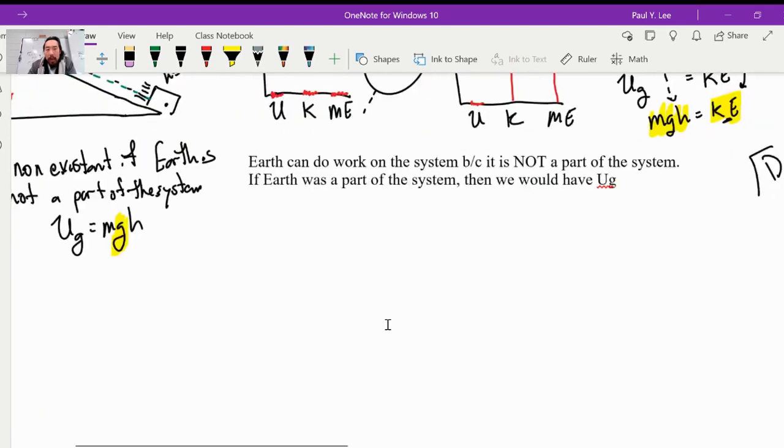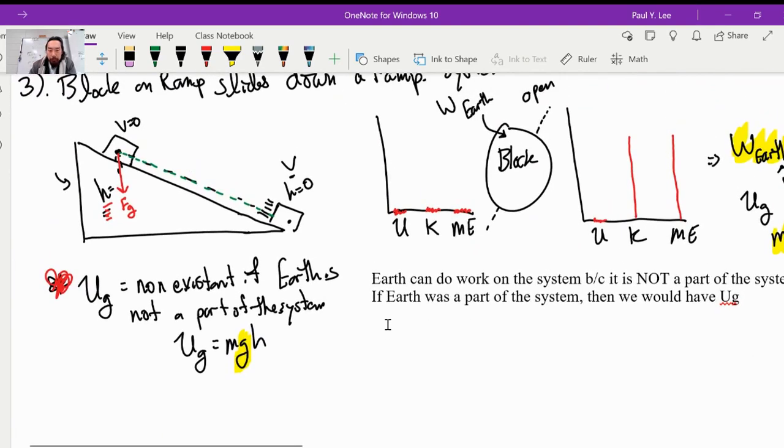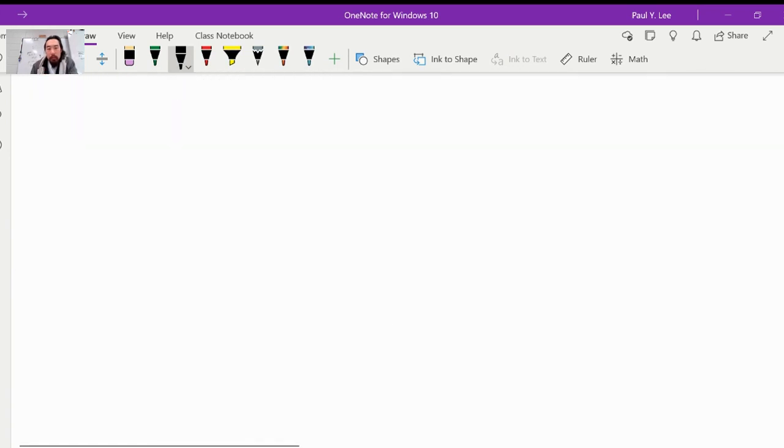If we take a look at this diagram, we can see that this object is moving at an angle down the ramp. But if we break that down into its x and y components, let me do a quick resketch here. That's the block, this is the force of gravity.